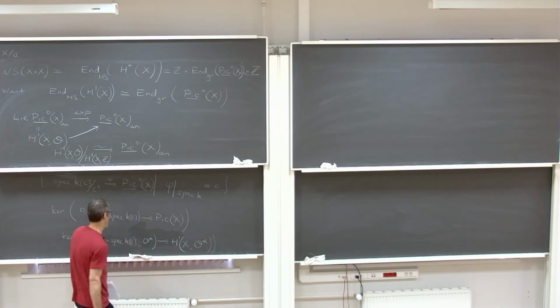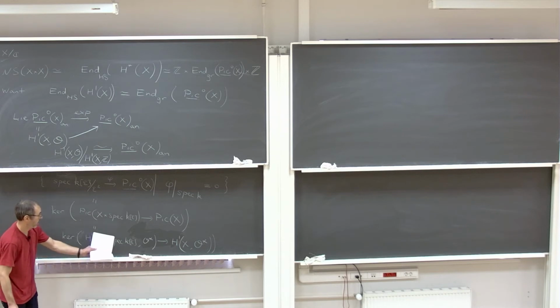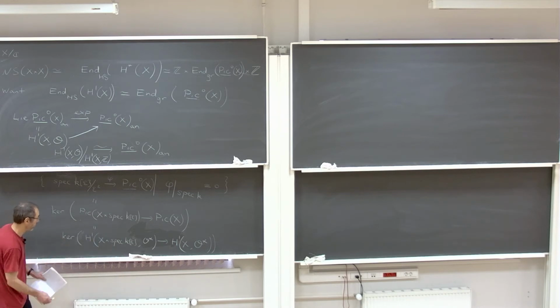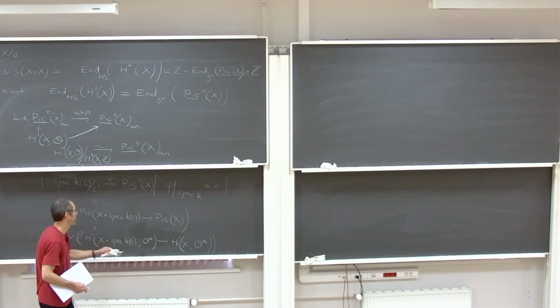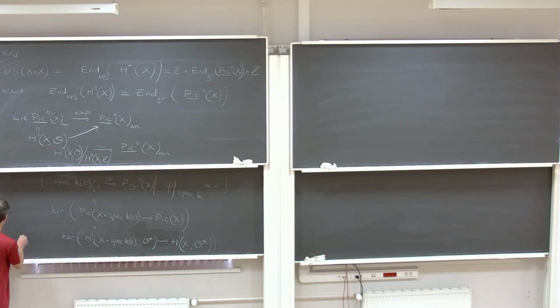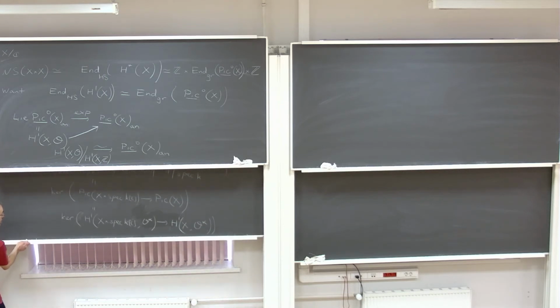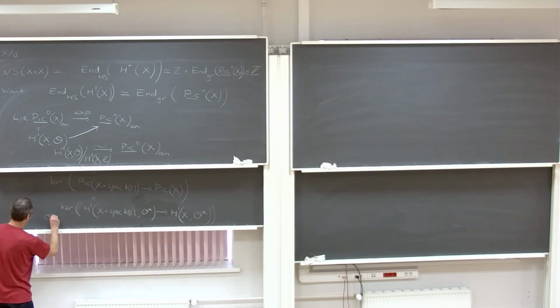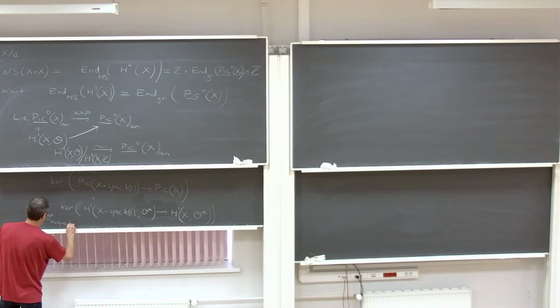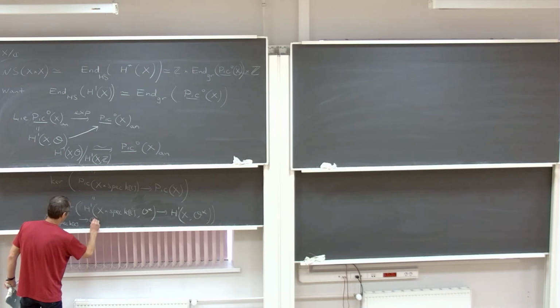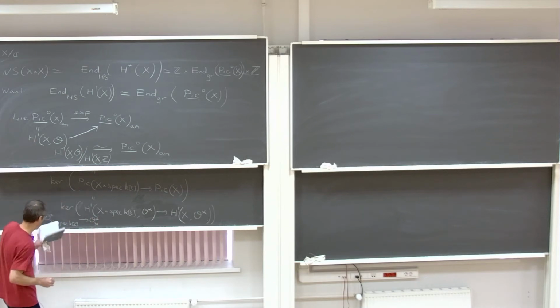Now, in order to evaluate this, you look at the short exact sequence. I will write it here: O star x tensor at spec k of epsilon goes to O star x, right?